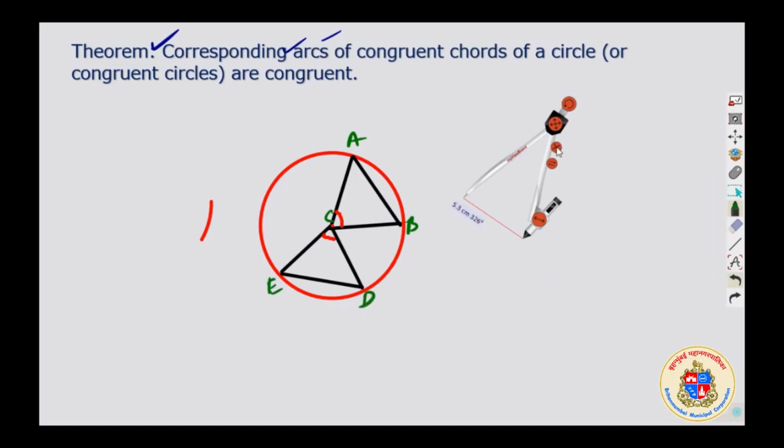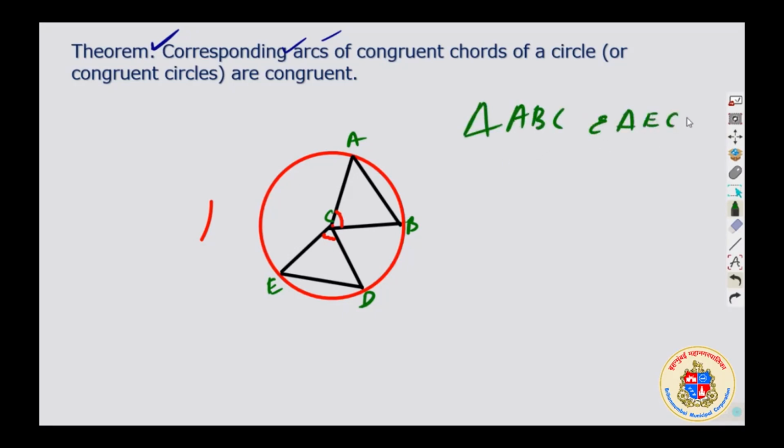Think about our theorems of congruence of triangles. I consider triangle ABC and triangle ECD. I write it in the same order: ABC, EDC.